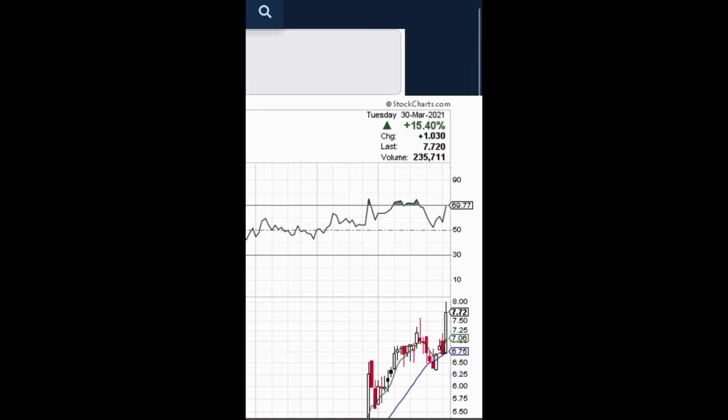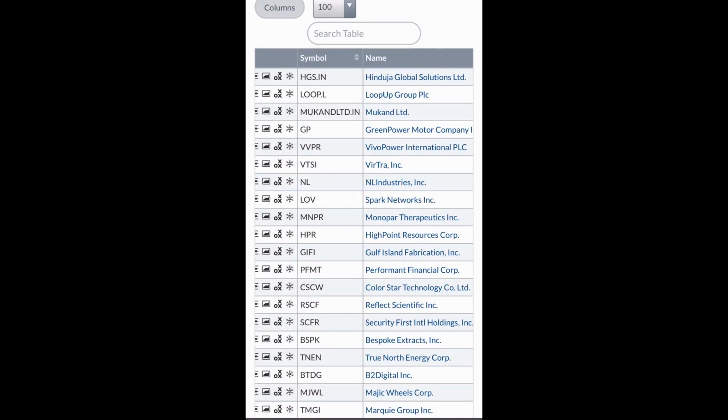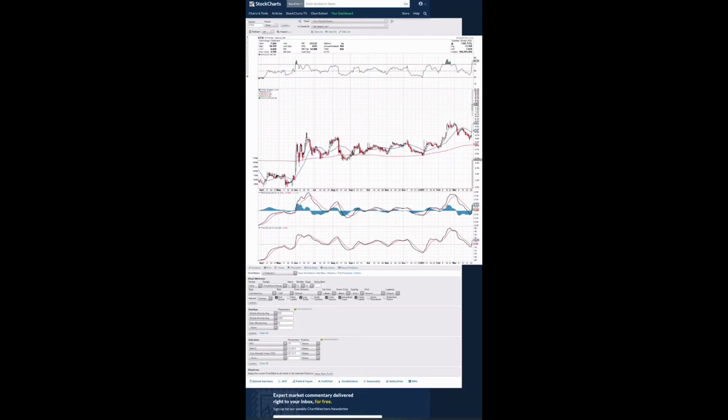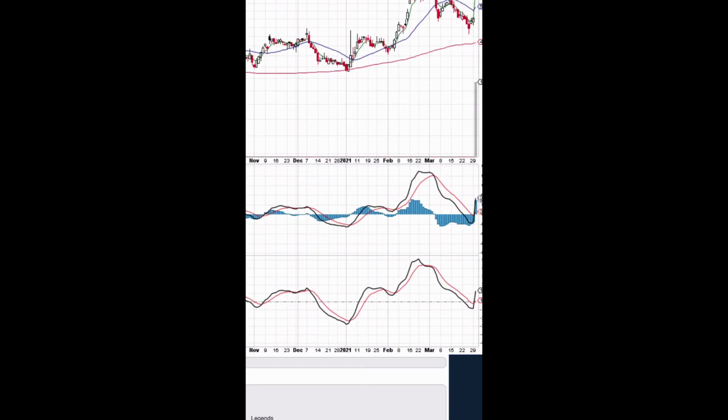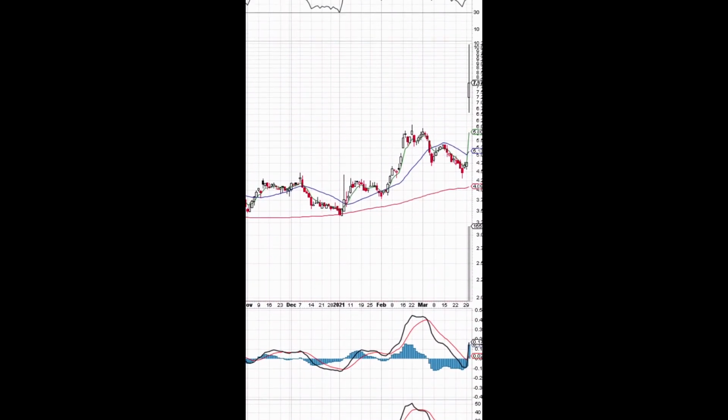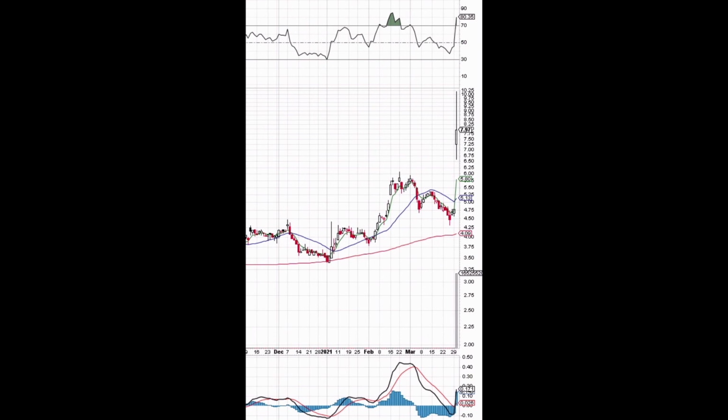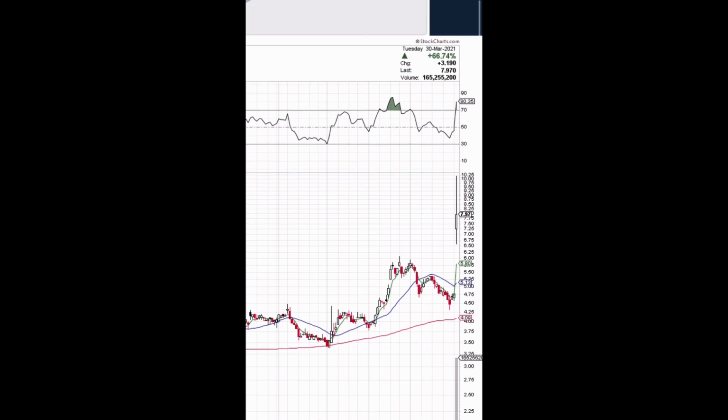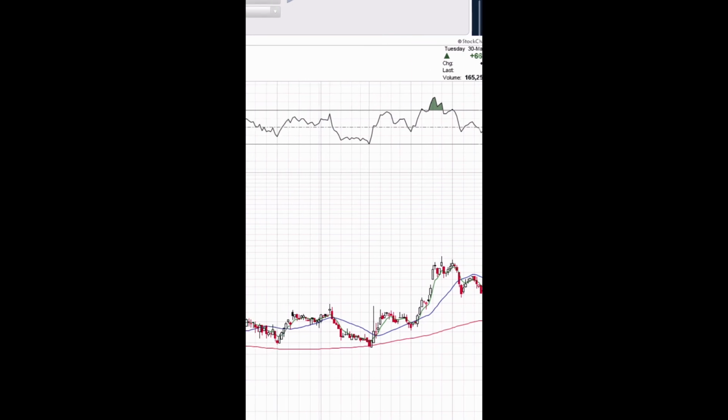But let's look at another example. So let's look at VTSI. Look at the volume, sharp increase, and look at the close from the previous day, right? It was at 4.75 the previous day on Monday, and now it is a 66% increase, and that's well over 15%, and the RSI is at 80, right?